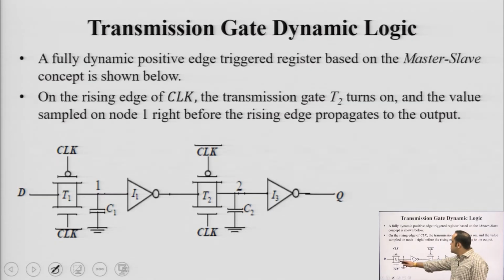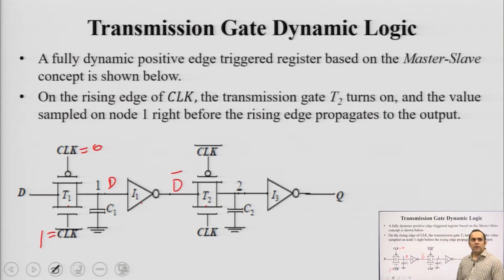So, if I have a transmission gate here T1 followed by an inverter here I1, another transmission gate T2 and another inverter here say I3. Suppose when clock is 0, so clock bar becomes 1, whatever is present at D gets sampled at node 1, that gets inverted here to D bar and it is stored here.